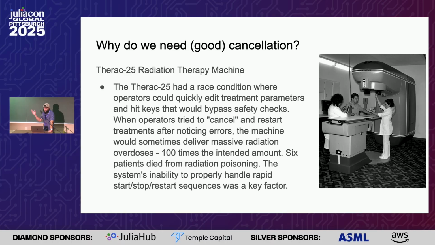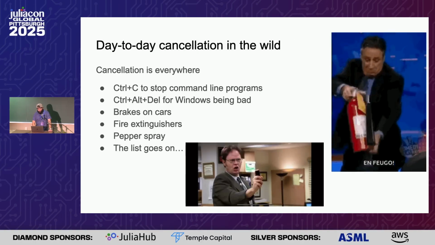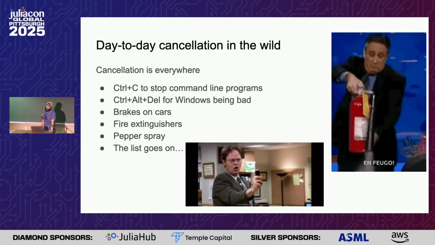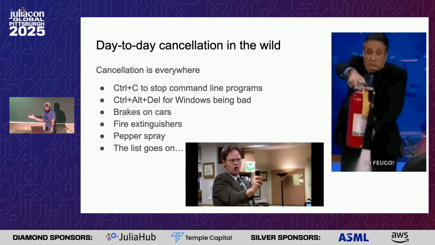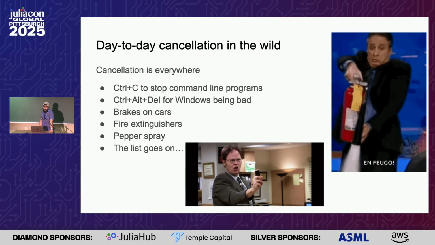Obviously this device was recalled by the manufacturer, but it was a big reminder: be careful with your code, be careful with what the stop radiation button means, and make sure it actually does what it says.